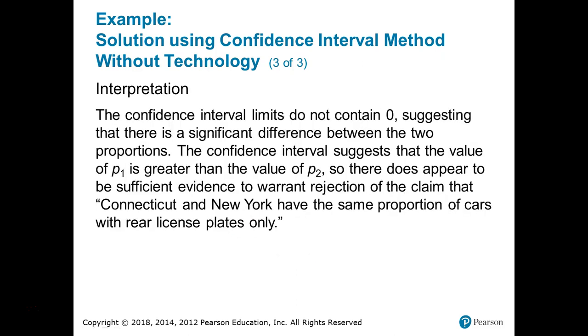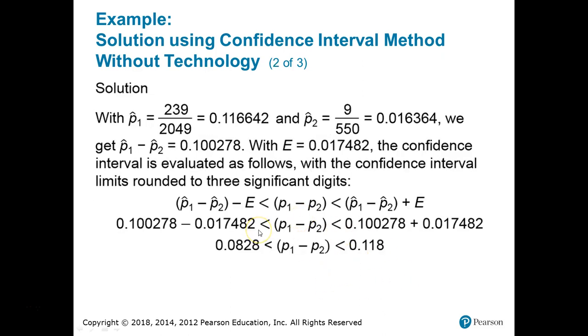So the confidence interval limits do not contain 0, suggesting that there is a significant difference between the two proportions. So this also leads to a rejection of the claim that they have the same proportion. Again, the real kicker that we're looking for is: is this value negative and is this one positive? If it is, then we cannot reject the null hypothesis. Since they are both positive and 0 does not fall in between the lower and the upper, we can reject the null hypothesis.